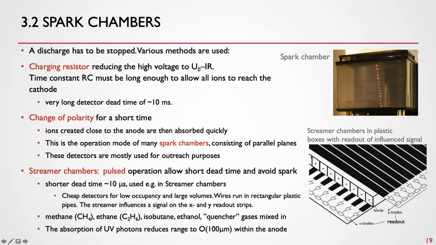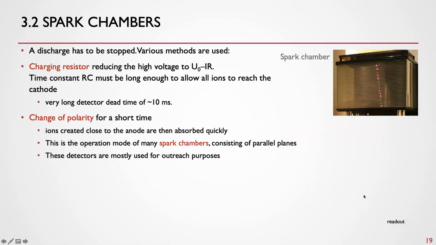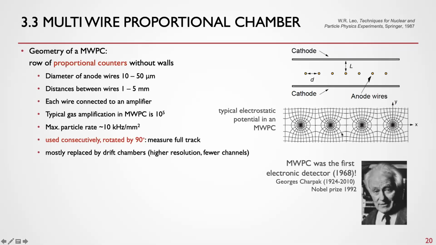This is all of these volumes here. They are separate. Imagine that you remove the middle walls, then you're left with two cathode plates, and with anode wires. Here they run perpendicular to the screen plane. We have anode wires in some distance d from each other and in some distance L from the cathode.